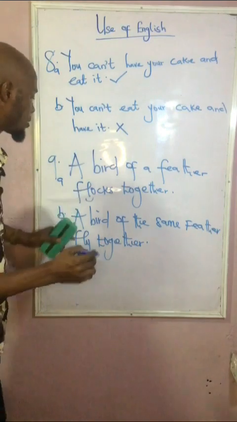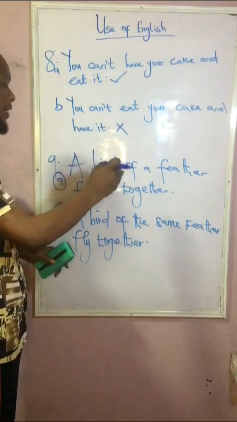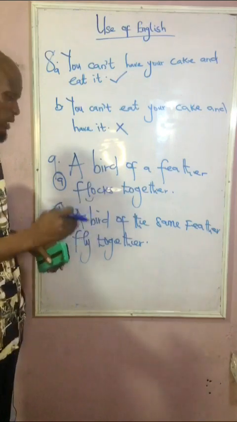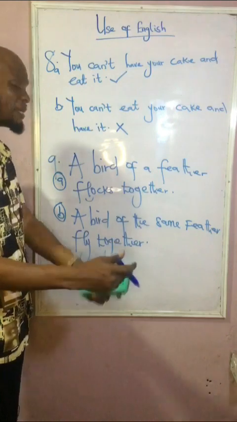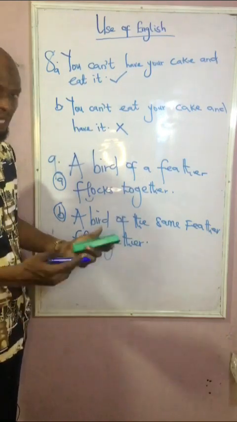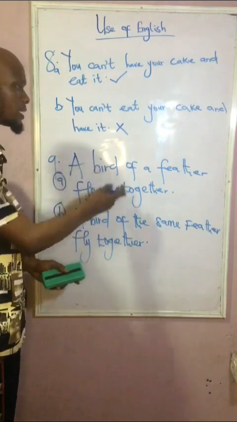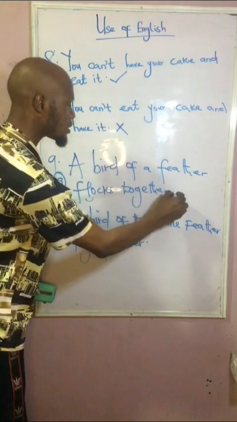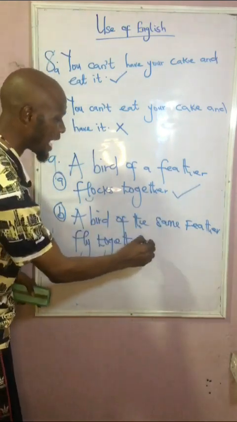When you look at this expression on the whiteboard, the first and the second, a bird of a feather flocks together, not a bird of the same feather. Every bird has a feather. Therefore, the standard expression should be a bird of a feather flocks together, not a bird of the same feather fly together.